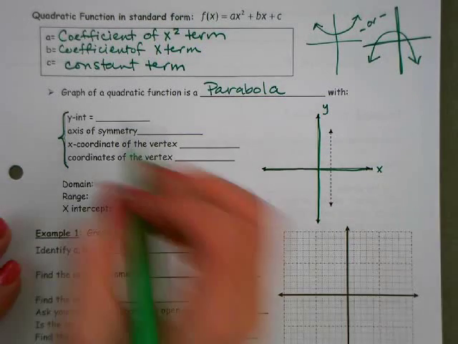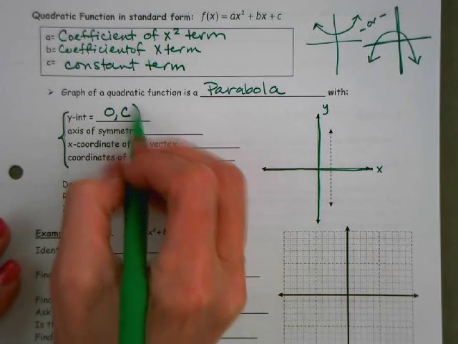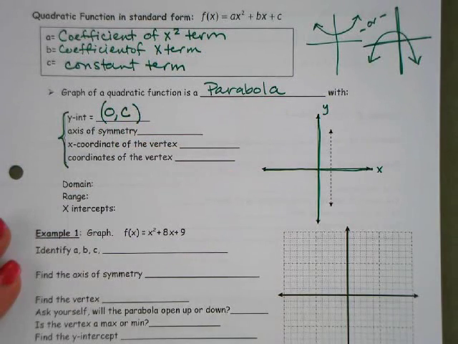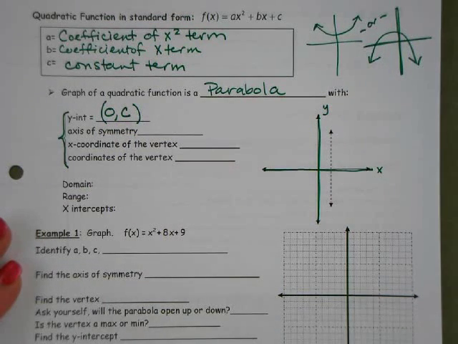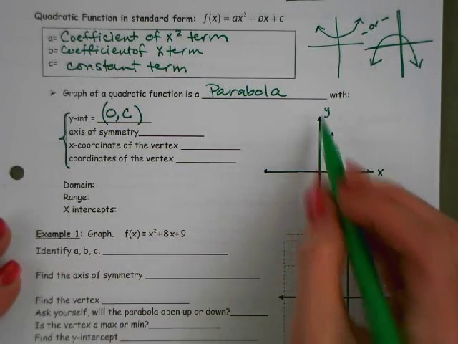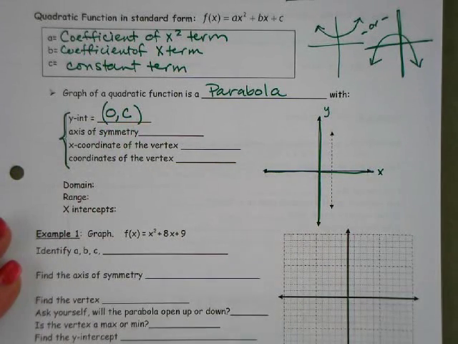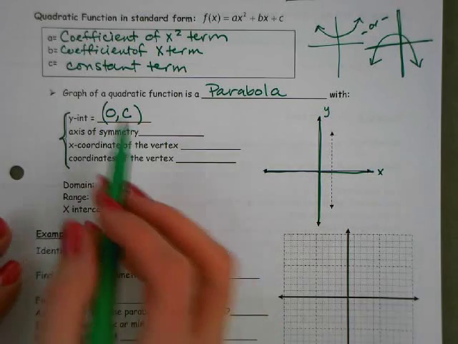And you can find that value just by having x be 0, and then c would be your y-intercept. So whatever quadratic function I have, if I make x 0, I'm left with just my constant, aren't I? So when x is 0, your constant value is going to be where it crosses the y-axis. So I could find my y-intercept just by looking at my quadratic function and knowing that.